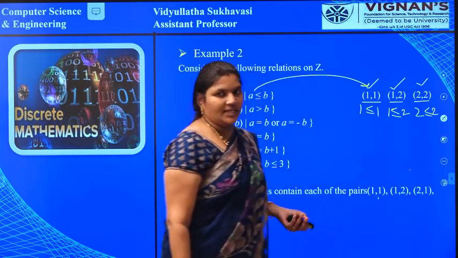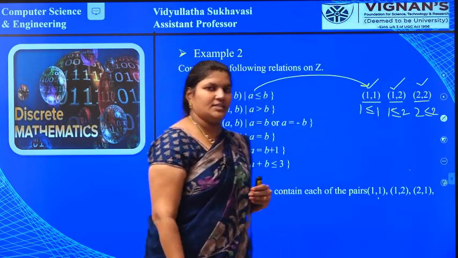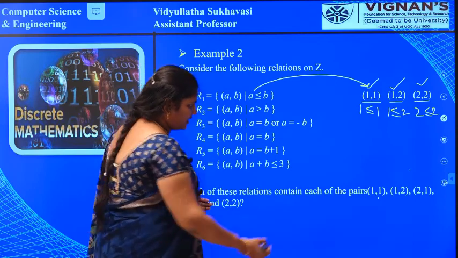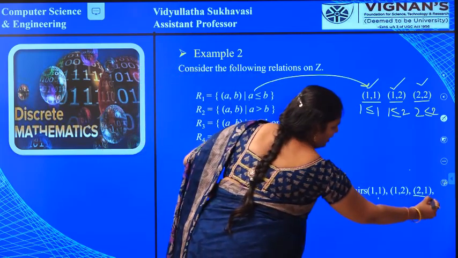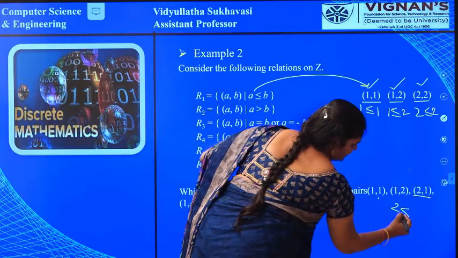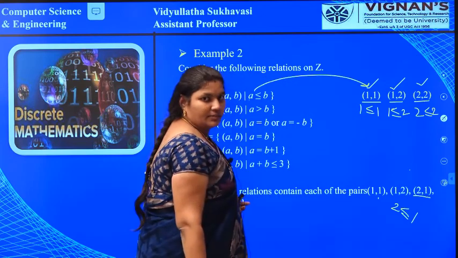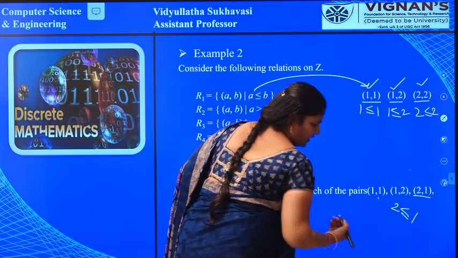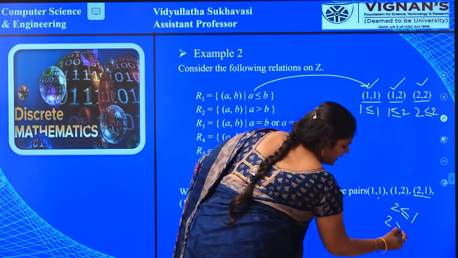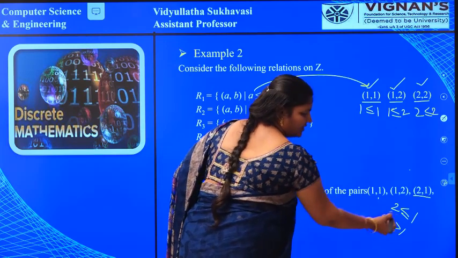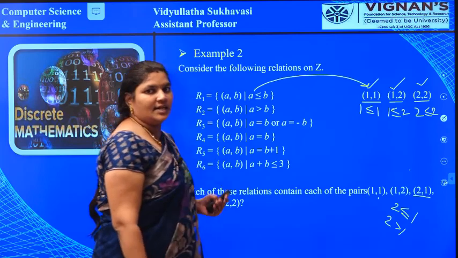So why are we saying only these ordered pairs come under this relation? Check the remaining ordered pairs. (2,1), that is 2 less than or equal to 1. We all know that 2 is greater than 1, but here the condition is 2 less than or equal to 1.